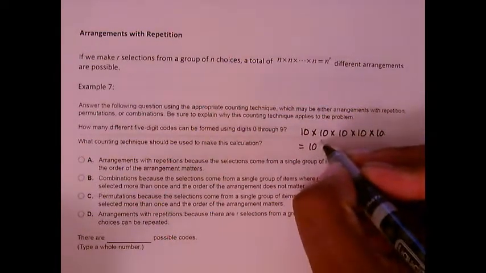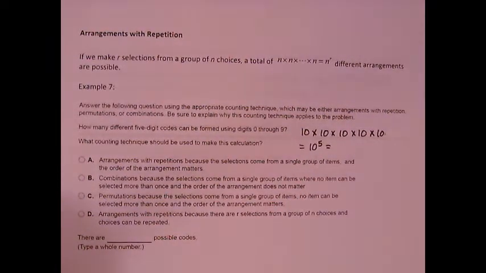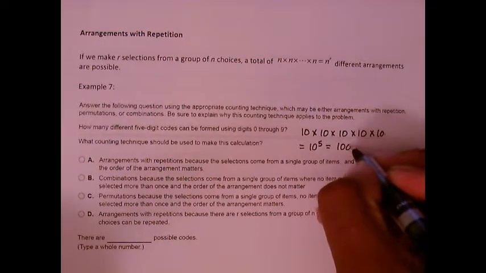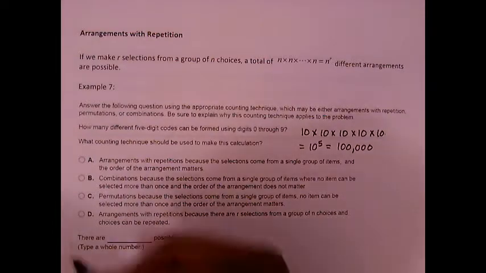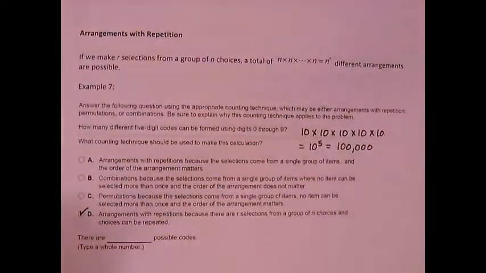And that's, of course, 10 to the 5th power, which is 100,000. So here, we have to use arrangements with repetition because there are selections from a group of n choices, and choices can be repeated.